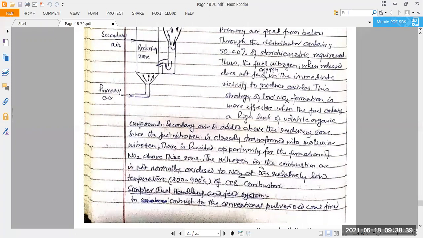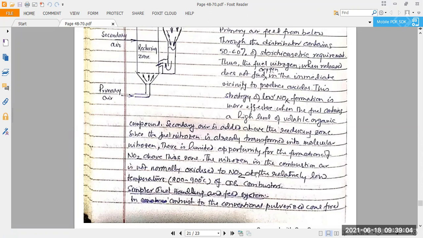The nitrogen in the combustion layer is normally oxidized to NO2 at the relatively low temperature of the CFB furnace. So what we have in the fuel is an organic compound that, with the reaction of air, can form different compounds of NO2, which is called NOx. What we do is throw it out from the furnace, but it is not like sulfur dioxide.